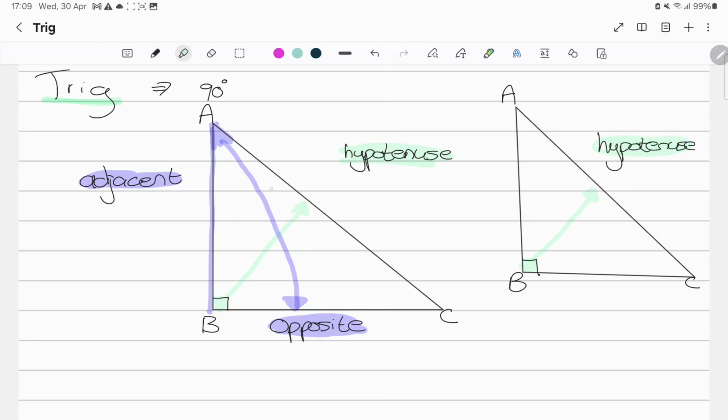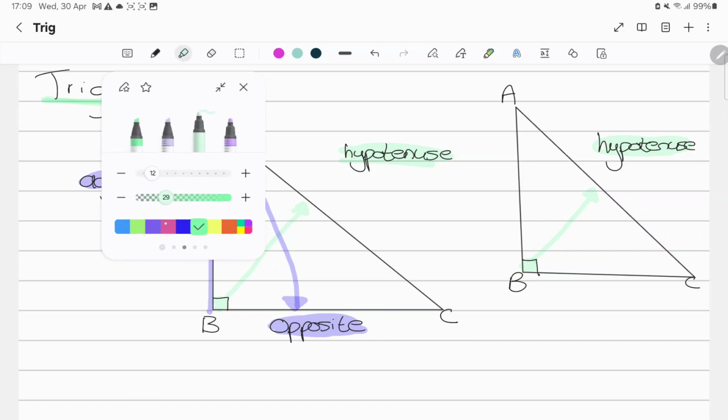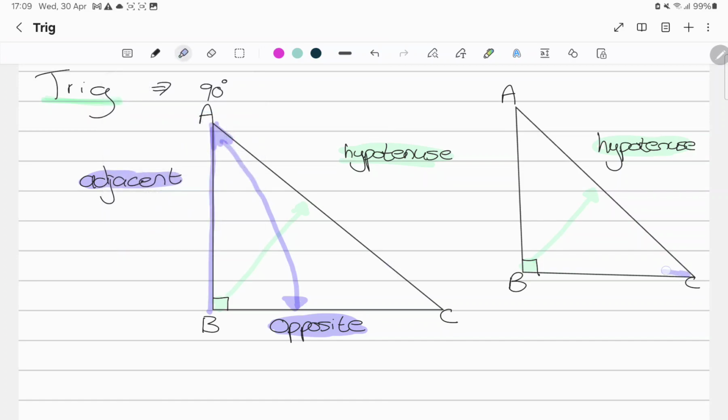Now in the previous triangle, A was the angle we worked with. Now let's say we're working with angle C. Now the first side I want to find is my opposite side. I take my pen, draw a straight line to the opposite side of my triangle, and I see that it lands on side AB. Which means if I'm working in terms of C, the opposite side of angle C will be AB.